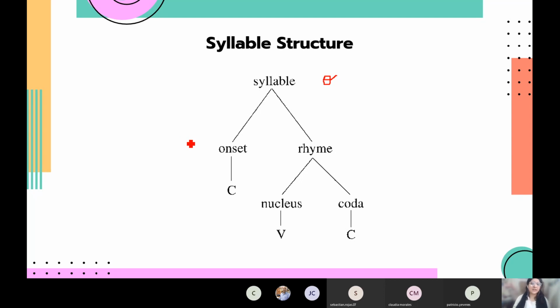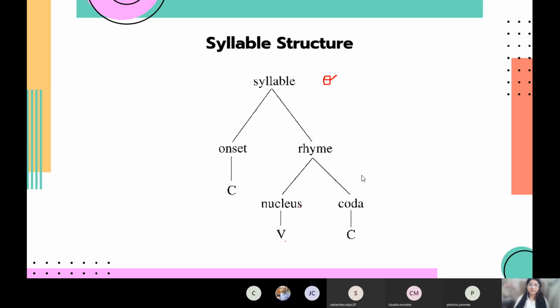On one side, it has an onset that is always going to be a consonant sound, with all the elements that may be present before the nucleus. On the other side, we have the rhyme, which branches into two different elements, the nucleus and the coda. The nucleus, as its name says, can be called the nucleus or the peak. It has the vowel sound, which is the most prominent and most important sound in the syllable. And the coda has all the elements that come after the nucleus.